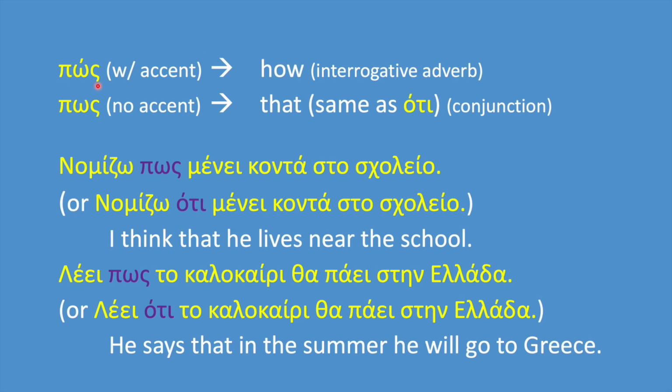Πώς with an accent is an interrogative adverb and it means how. Πώς without an accent is a conjunction and it means that. It's the same as ότι. Νομίζω πως μένει κοντά στο σχολείο.